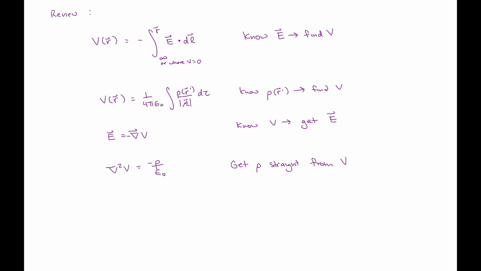If I look at all these relationships, it almost seems like potential is an intermediary, kind of a mathy thing between our charge distribution and our electric field. In this lecture, I'm going to show you that it's more than that. It's more meaningful than that because it's related to the energy of a charge distribution.